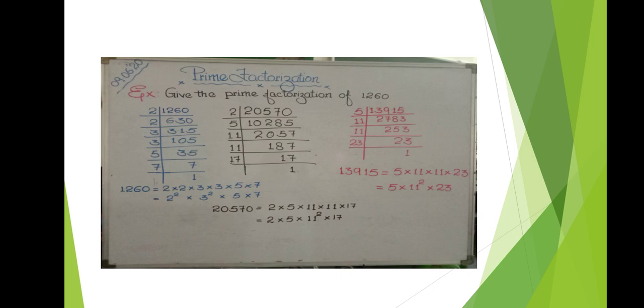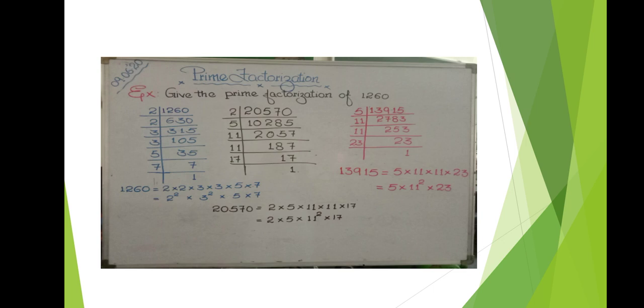So you can go through the way it is being factorized and we get 1260 equal to 2 into 2 into 3 into 3 into 5 into 7. Here 2 into 2 can be written as 2 raised to the power 2, and 3 into 3 can be written as 3 raised to the power 2, into 5 into 7.